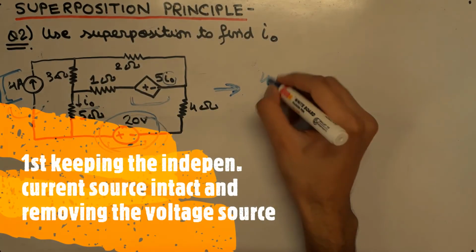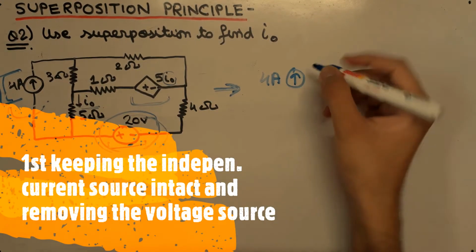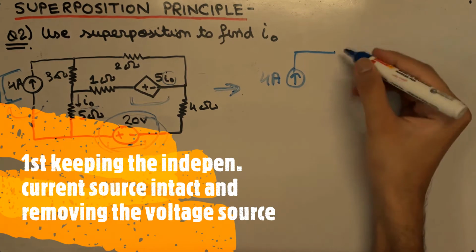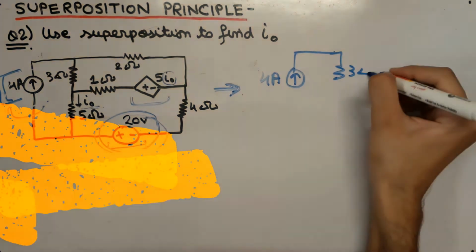That is, now we are going to draw the equivalent circuit. That is, the 4 ampere current source will come over here, the 3 ohm resistor will be here.